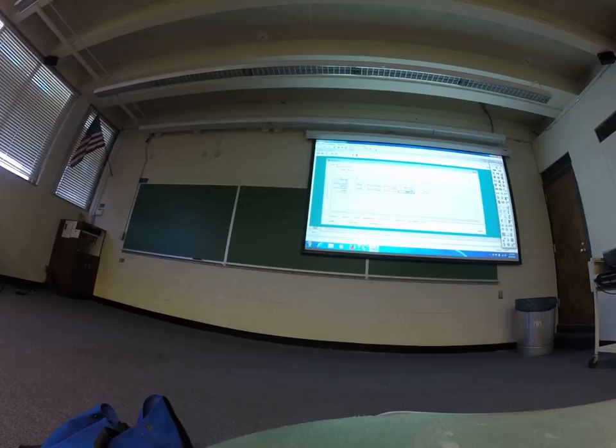Computers don't have infinite accuracy. Here is the one that your text had, that the steam table had. Changes a little.